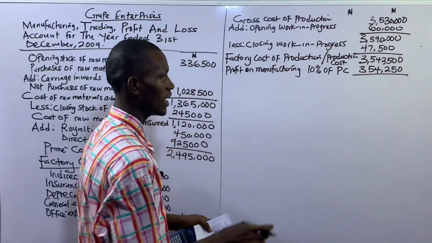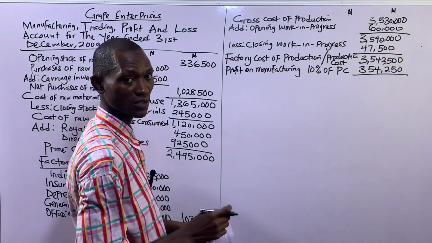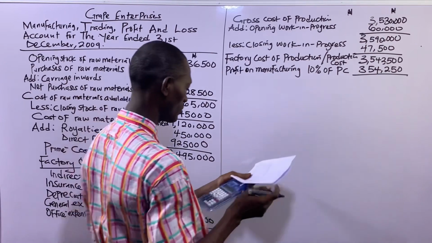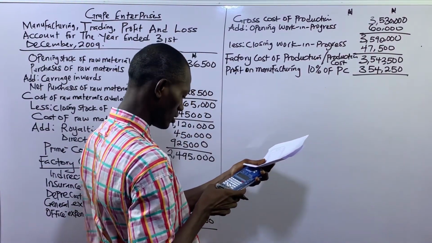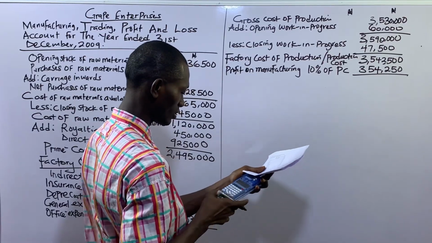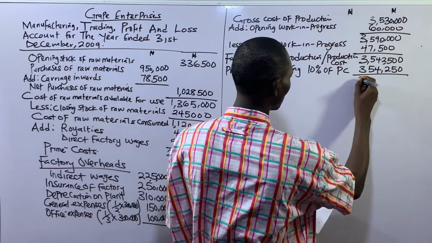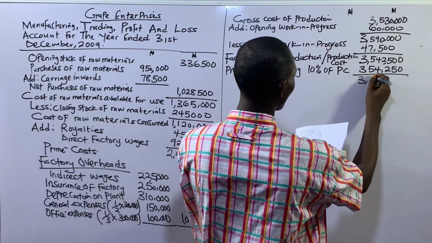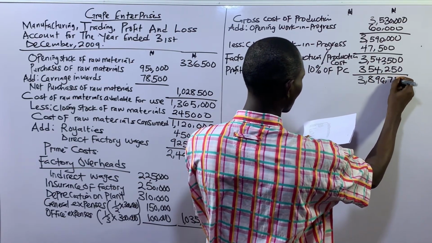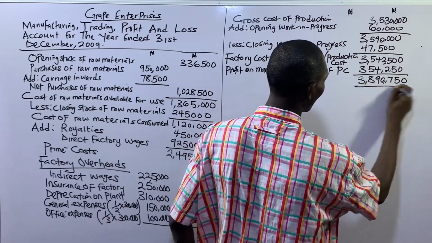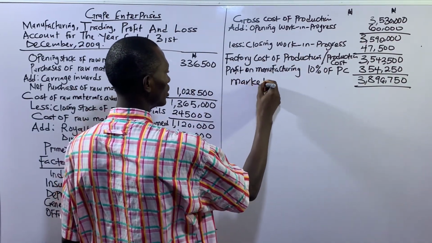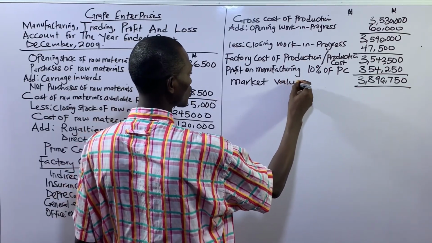And don't forget, if you add your cost plus your profits, that gives you selling price or market value, the same thing. So we add plus 3,542,500. So that gives us 3,896,750. So this is our market value, which will be transferred to the trading accounts.